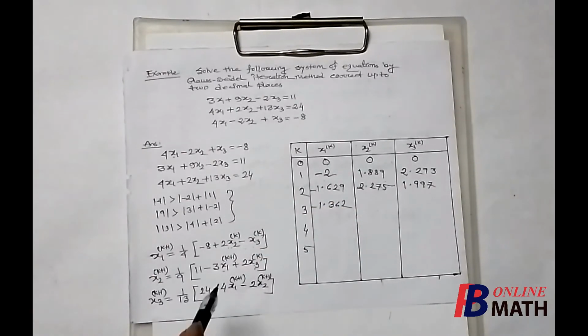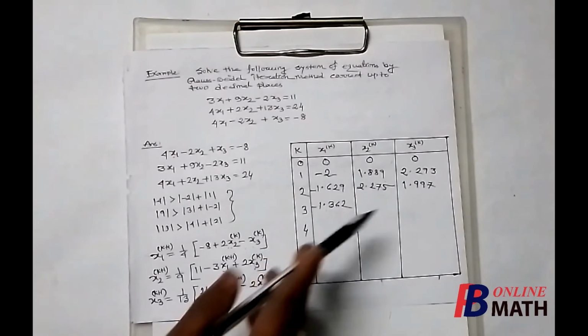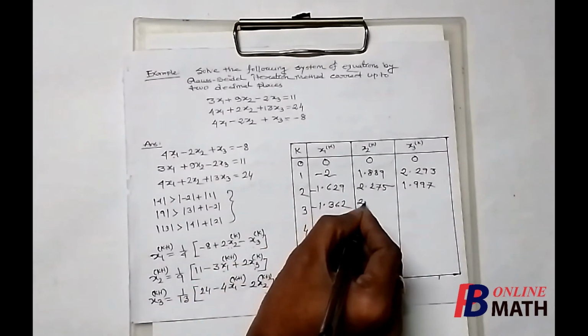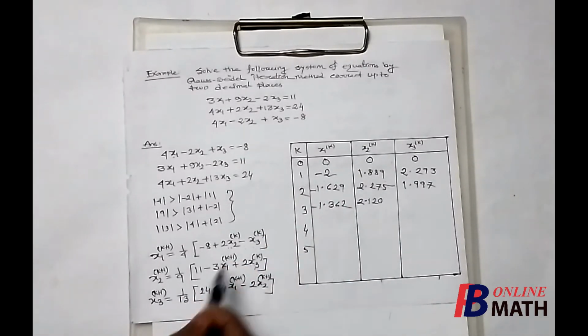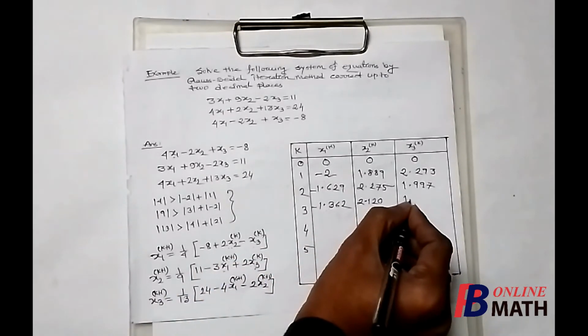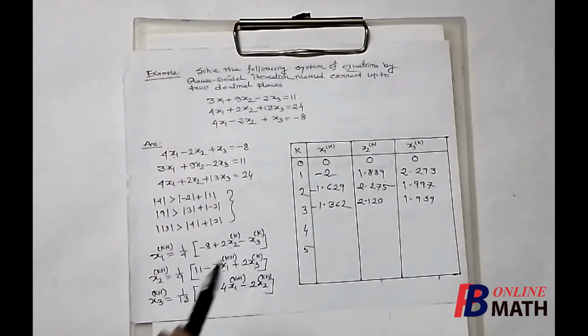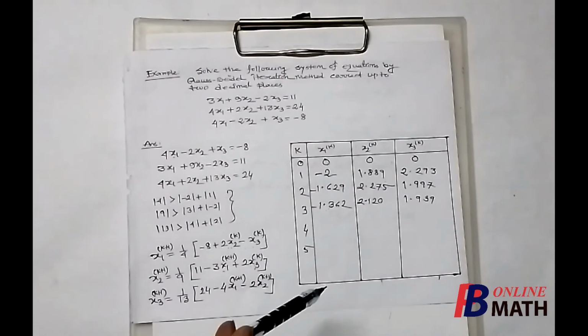Now if we put x1 equal to this value and x3 equal to this value in the second equation, then we get x2 equal to 2.120, and using these two values from the third equation we get x3 equal to 1.939.